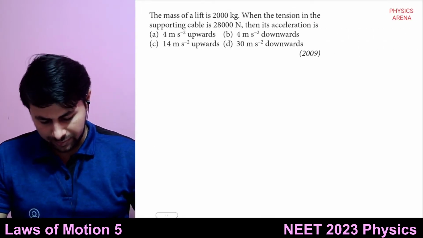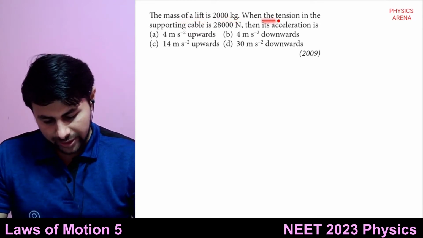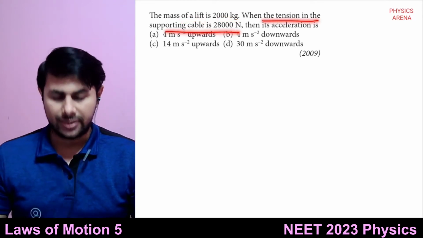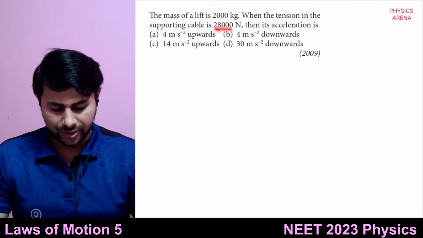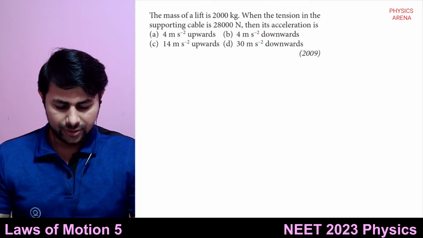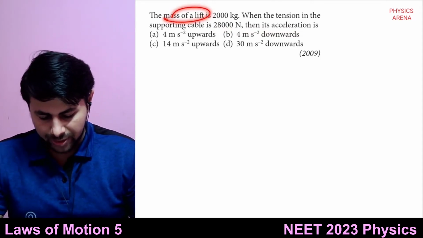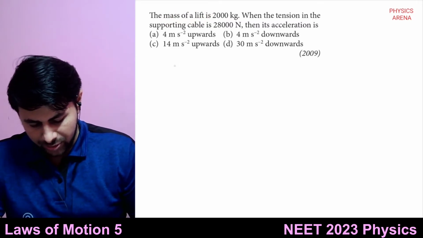Next question. The mass of a lift is 2000 kg. When the tension in the supporting cable is 28,000 newton, then its acceleration is? Now the mass of lift is given, there is no man inside the lift, so it's the total mass only. So how much would be the weight?